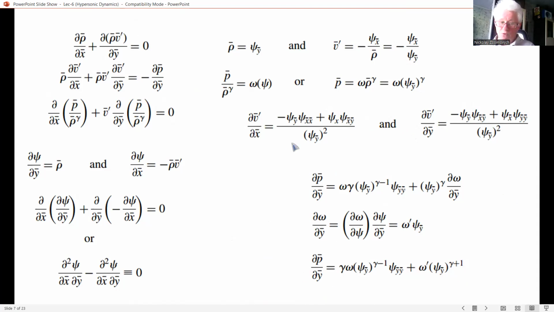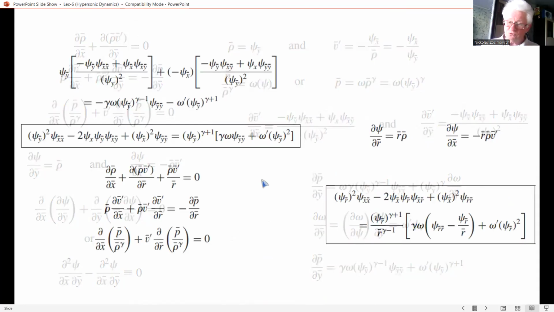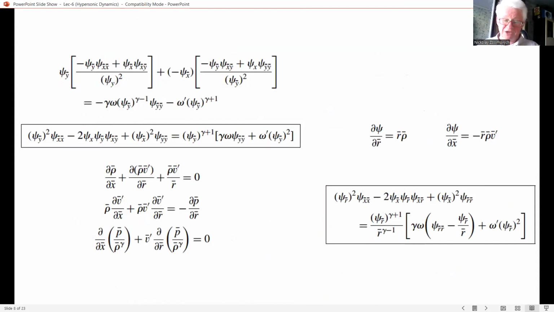Okay? So if we substitute all previous equations and the last one into the y momentum equation, we can get this interesting expression on the top left corner of this slide.